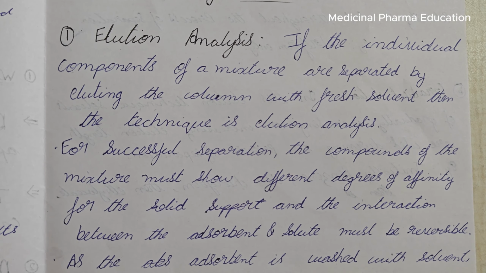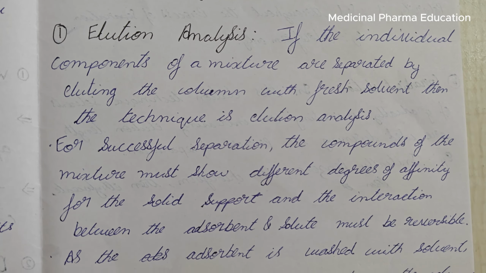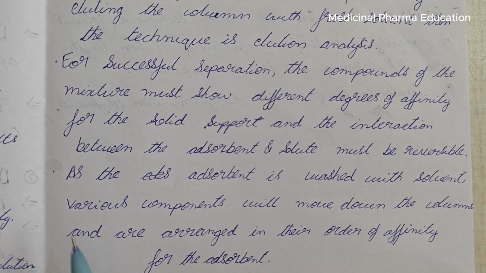So the mixture should have different affinity towards the stationary phase, so it is easy to separate. For a solid support, the interaction between the adsorbent and solute must be reversible. I have already explained it.